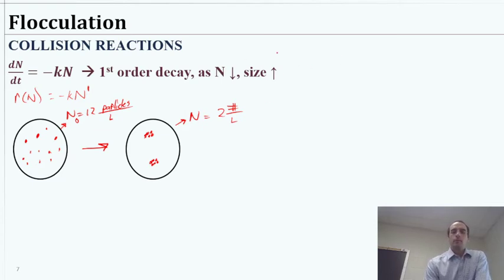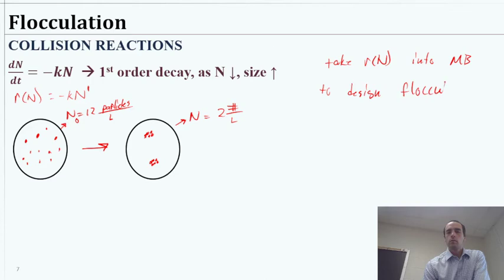So then we can take R of n and put it into mass balances to design flocculation processes.